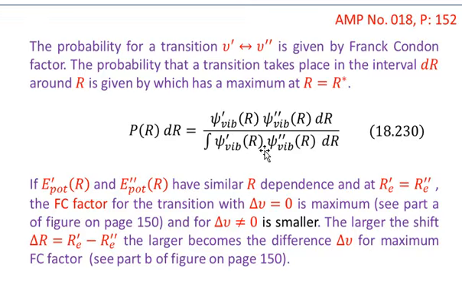So you see that if you want to determine the probability given by the Frank-Condon principle, the probability of transition is determined by equation number 230, using the wave function of the upper vibrational level and the wave function of the lower vibrational level.